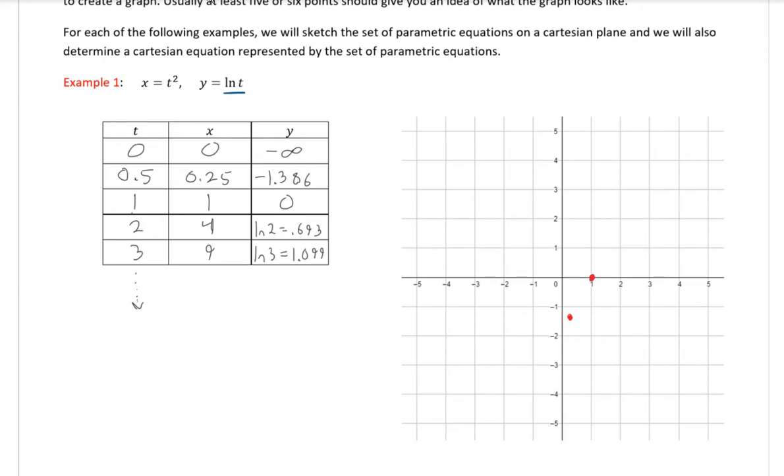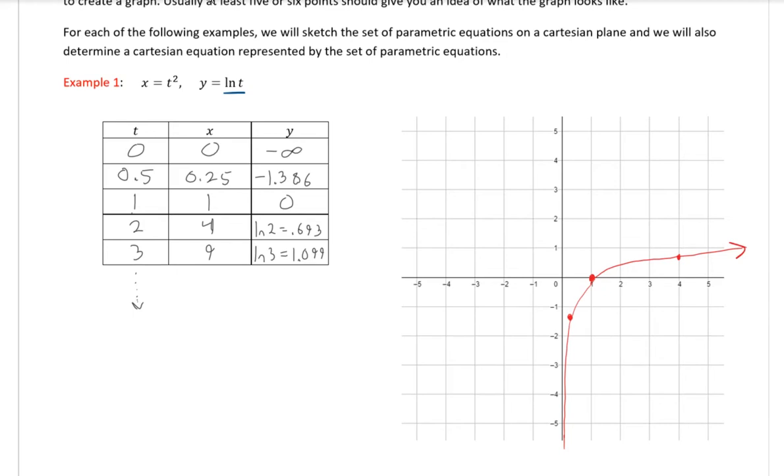And then 4, natural log of 2, which is 0.693, so around there. And then when I have 9 for x, I have 1.09. So it is continuing on in this fashion. And then I also see if x was 0, which is the y-axis, I have y as negative infinity. So it seems to be going like this. Connecting those points.